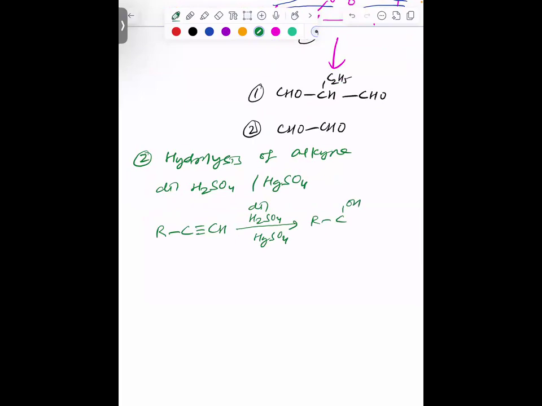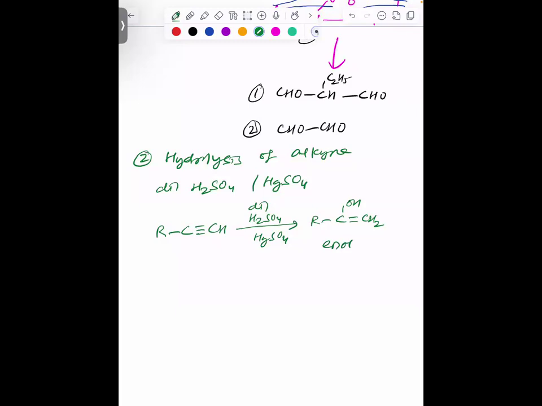Then using the normal Markovnikov rule, hydration will happen. So after hydration the product formed is an enol. Yes or no, enol. So normal hydration follows the Markovnikov rule.